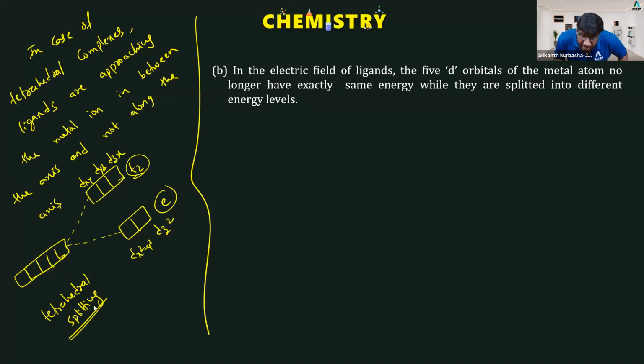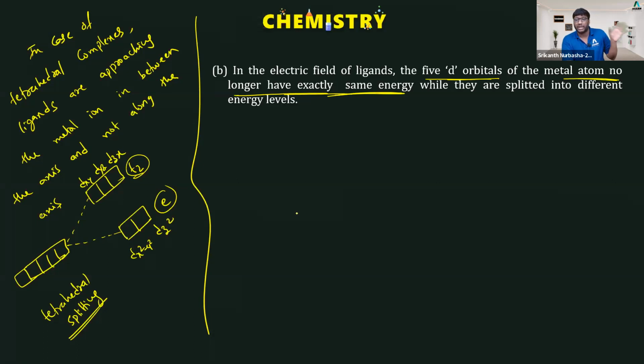So first point is, all the metal ions are considered as positive point charges. All the anionic ligands are considered as negative point charges. All the neutral ligands are considered as negatively charged dipoles. In the electric field of ligands, the 5 d orbitals of the metal ion no longer have exactly the same energy.